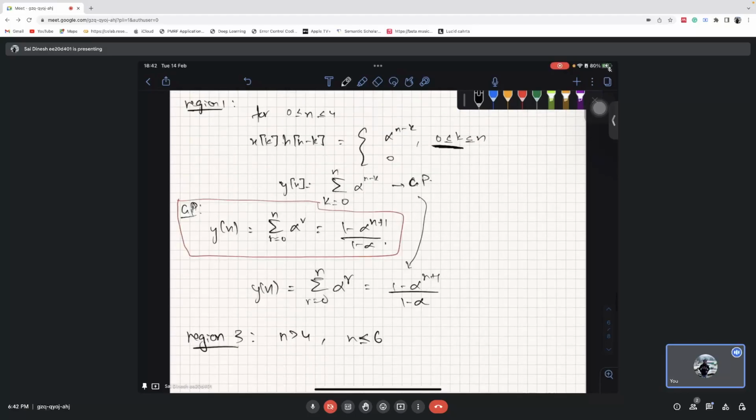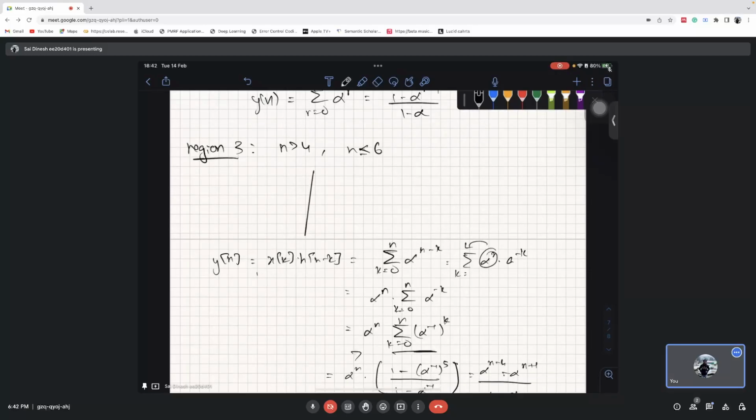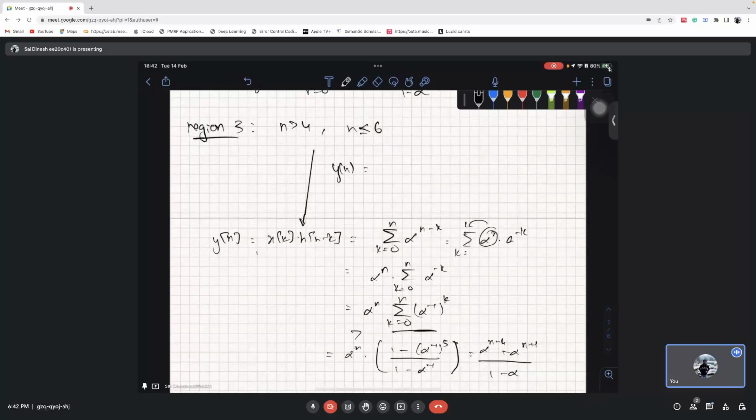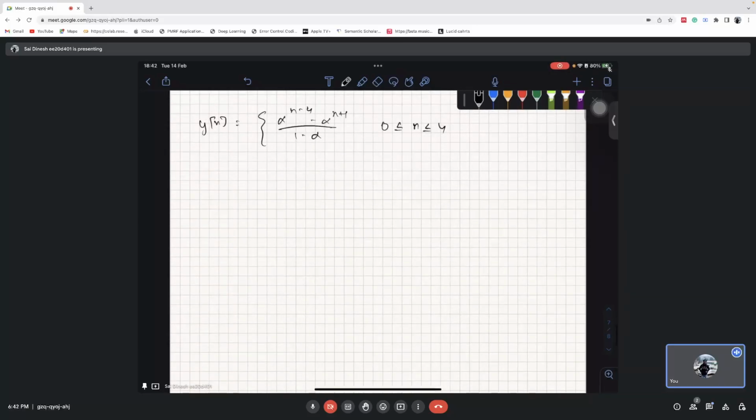In this region we have an overlap again, but with a different range of overlap. So here y of n is equal to the sum over k equal to 0 to 4 of alpha power n minus k. That was my mistake.